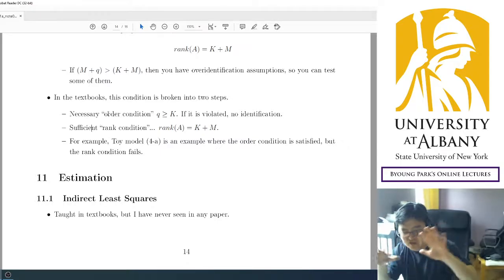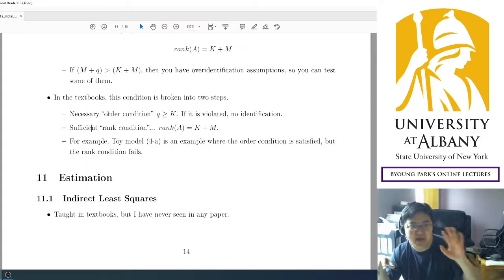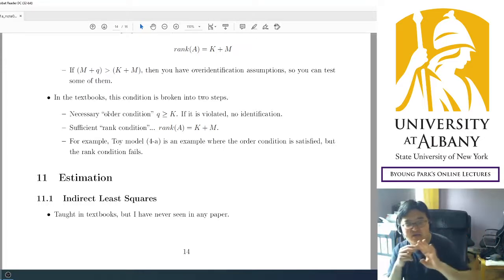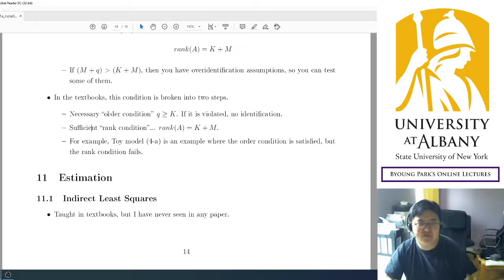However, even if the numbers are the same, as we see in model 4a, it still does not guarantee identification, because some of the information may be duplicated, so you have to check the rank. The rank of the information should equal the number of unknowns, not only the number of pieces of information.